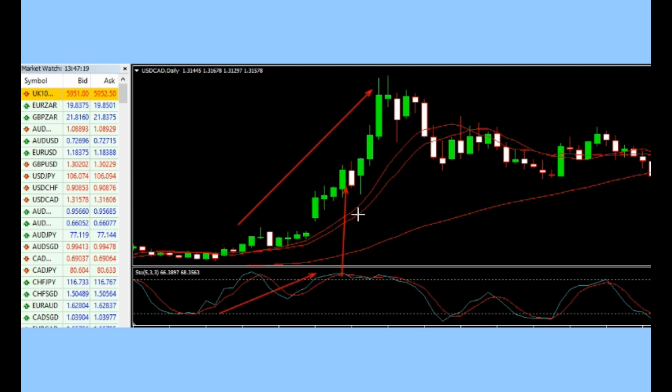From this point, as a trader, you are supposed to note that this market is already overbought. It has already had so much momentum, probably triggered by news, and the market is continuing going up. So I don't think that any sane trader would be entering the market from around this area, because the market can turn anytime.